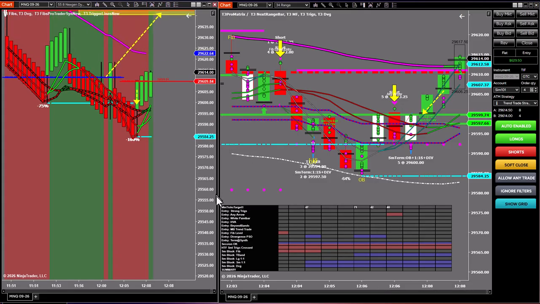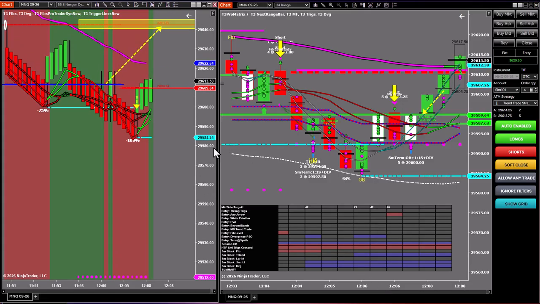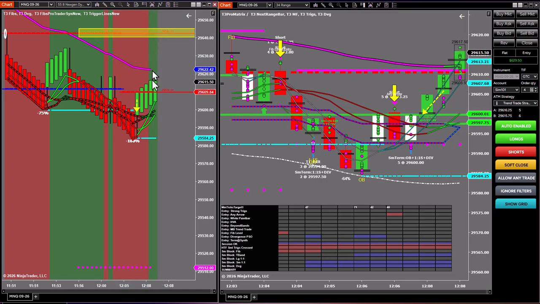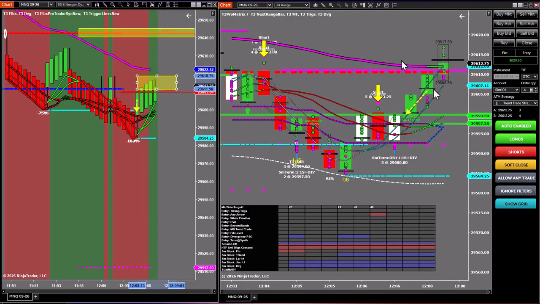Par for the course. Anyway, now remember what we said about fibs. We break through them, we retest them, which we're doing now. And then ultimately, if they hold, then cool.